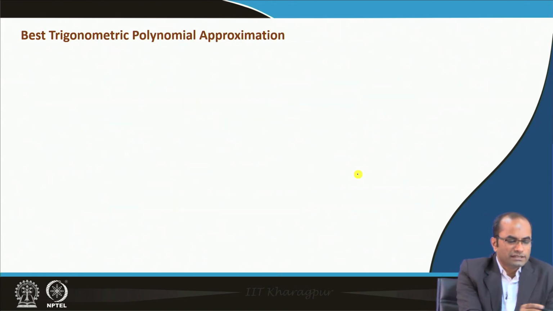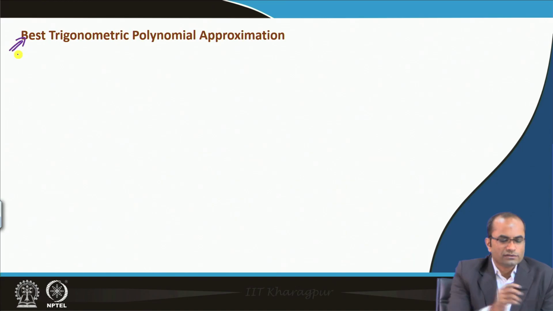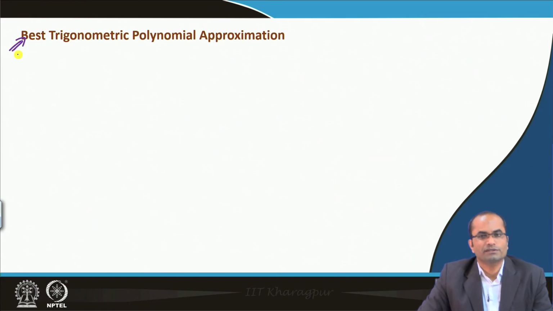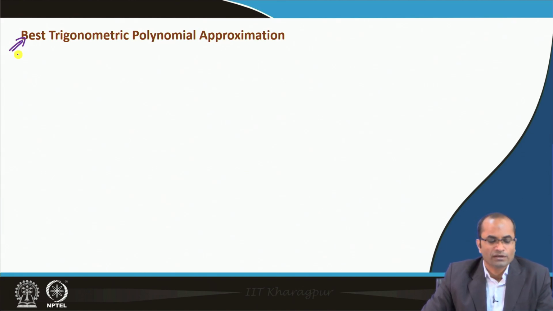Okay, in this connection we have one more nice result. I will just mention the best trigonometric polynomial approximation. We are familiar with the trigonometric polynomial and trigonometric series already.